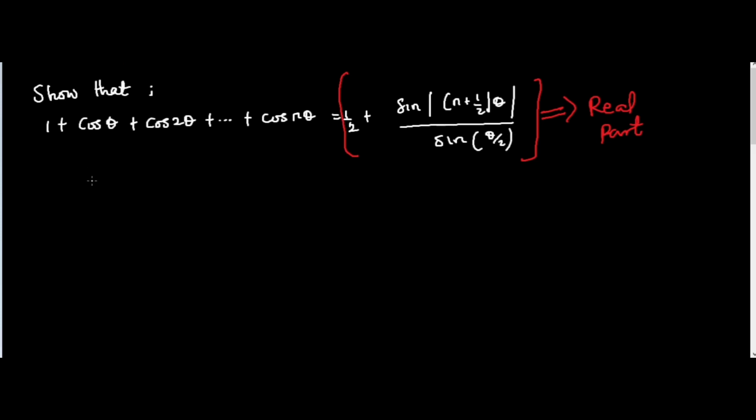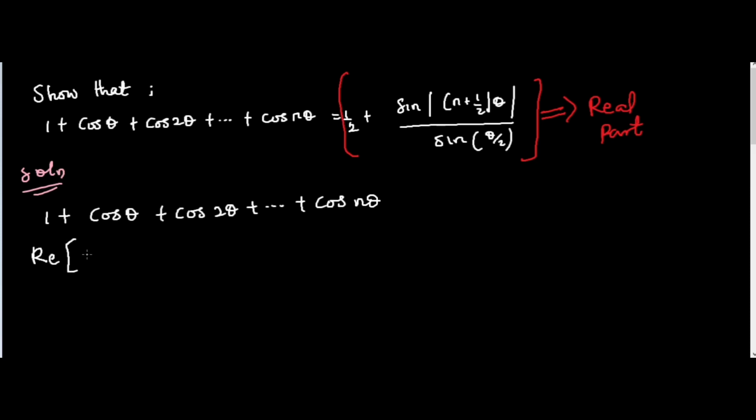So first of all, I can write this in a complex form. Let's say I have the solution: 1 plus cos theta plus cos 2 theta plus dot dot dot plus cos n theta. Now this also means the real part of 1 plus cos theta plus i sine theta.